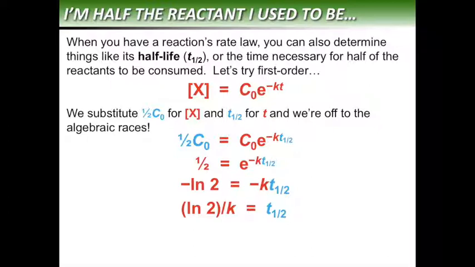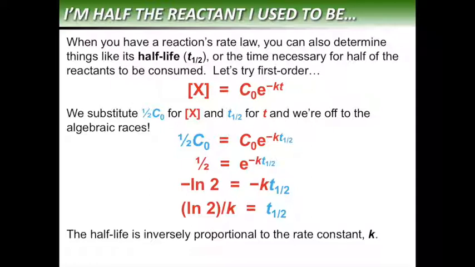And so that should give you a clue when we get to nuclear kinetics later on in the class. Since half-lives are tabulated for nuclear isotopes, that must mean that nuclear kinetics are first order, because otherwise they might depend on something else. But here we've got just a simple inverse proportionality. The faster the rate constant, the shorter the half-life.